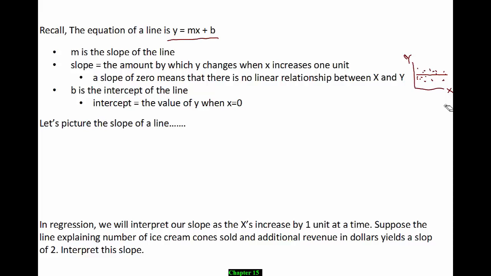Let's picture the slope of a line as a little reminder. Let's assume my slope is 2/3. If I want to picture that, I can draw a little grid with a line.